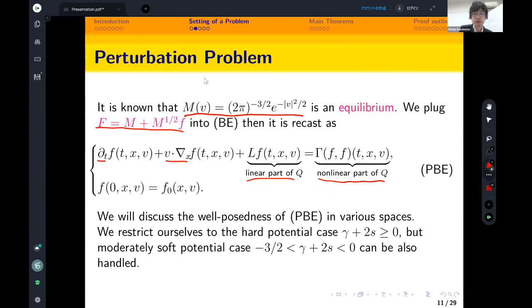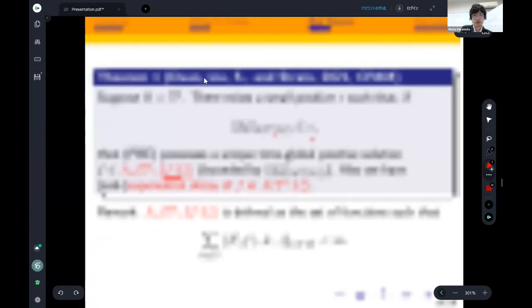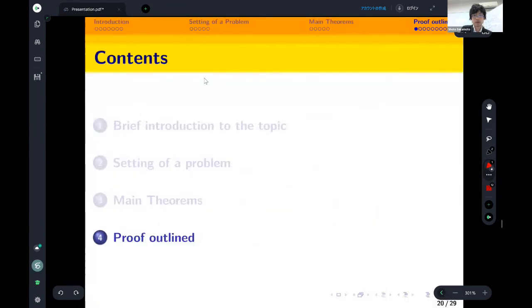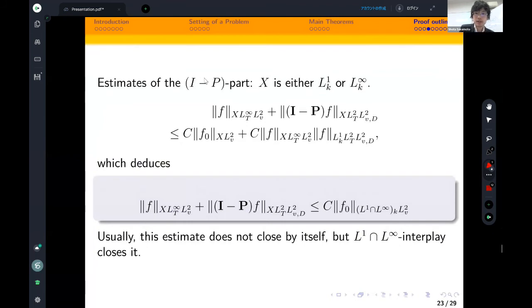And here we have LFF, and here we have gamma FFF by taking the inner product, and as I said, from the linear part, we can get this. And from the nonlinear part, we can get this.